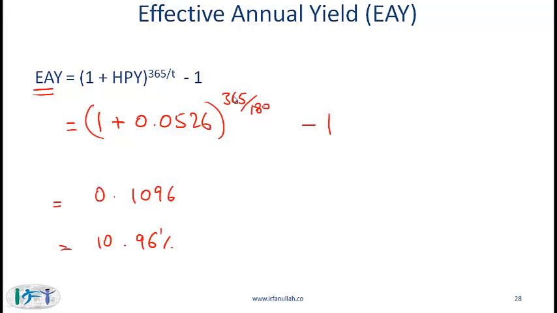We are using a 365-day year, and since we have the holding period yield, return is based on the initial investment and not the face value. So the effective annual yield does not have any issues. And this number is also higher compared to both the bank discount yield and the money market yield.